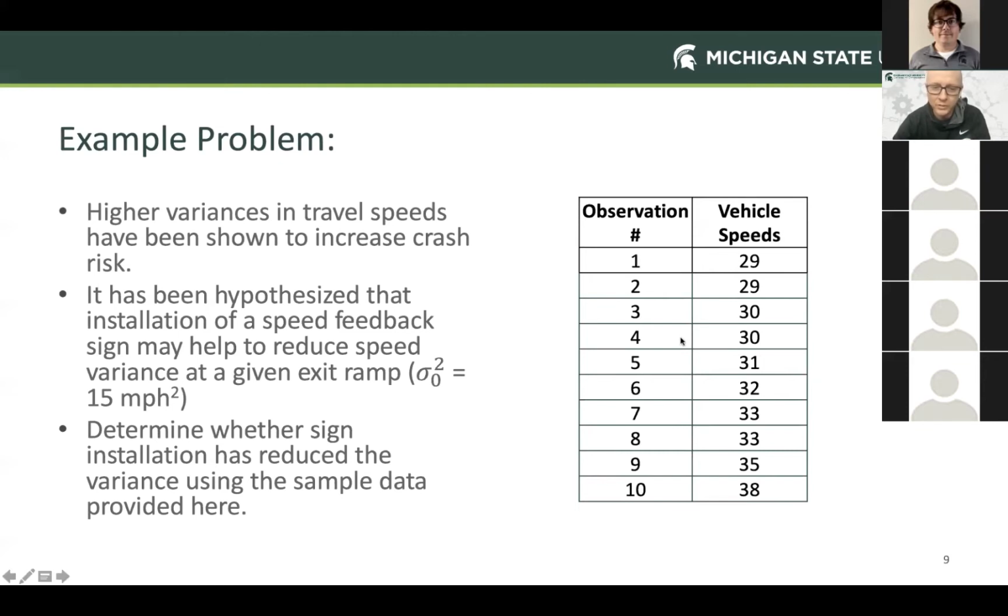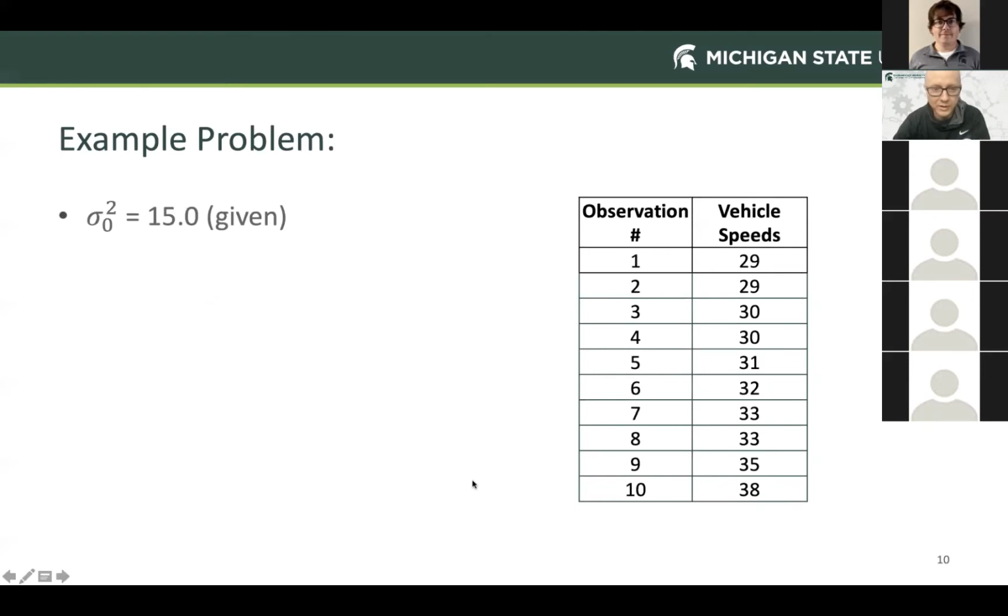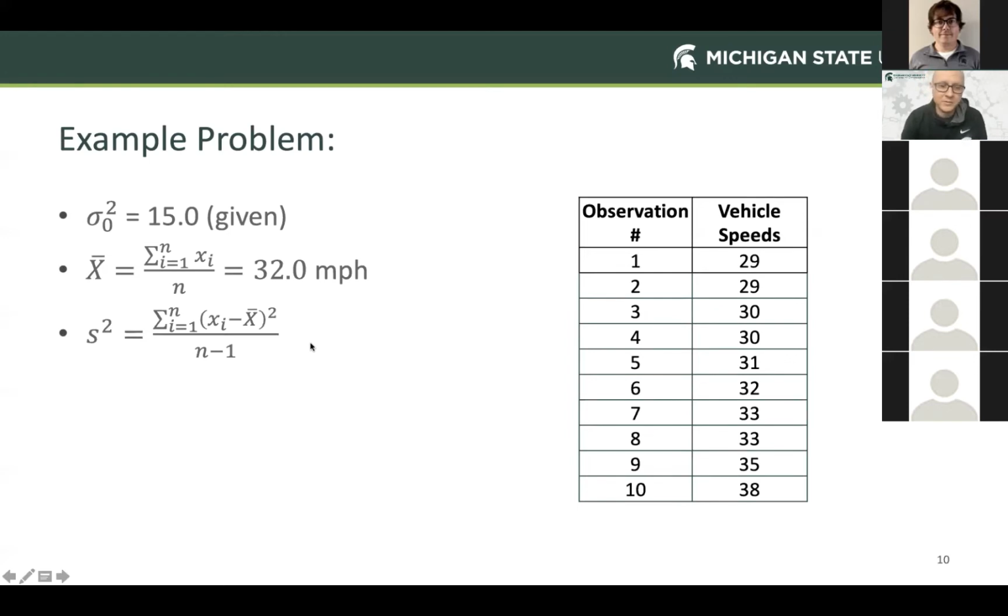We're going to take this data and basically apply the chi-squared test. It was given to us that the reference value to which we're comparing is 15. We can use these data to calculate the sample mean. Just summing these 10 observations and dividing by the sample size gives us a mean of 32.0 miles per hour. Likewise, we can then use that quantity to estimate our sample variance.